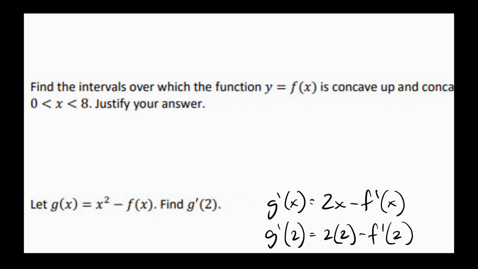Two times 2 is 4. How do I find f prime of 2? Graph, yeah. Find out where the graph is. What's the y value when x value is 2? Negative 2. So 4 minus negative 2, positive 6.